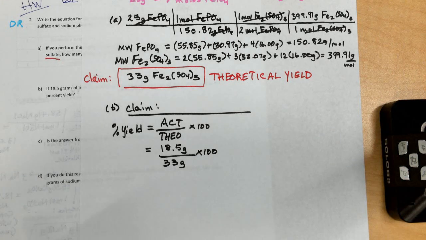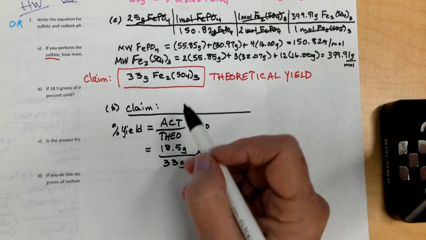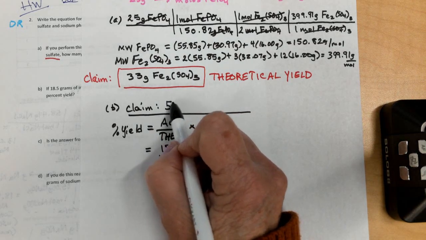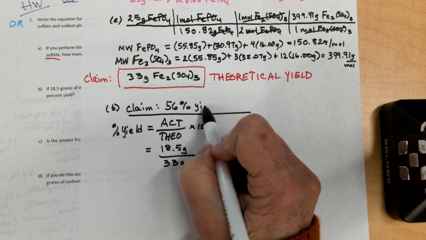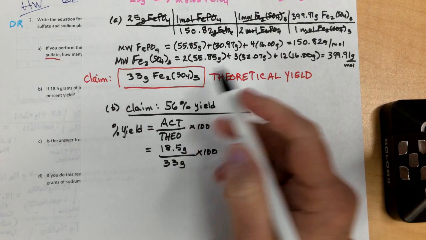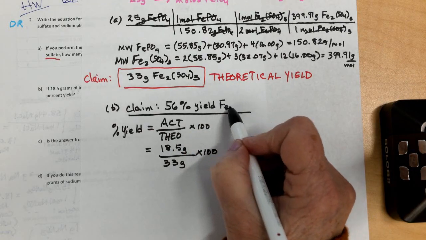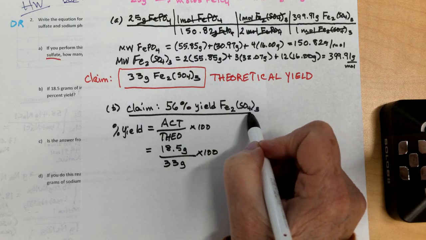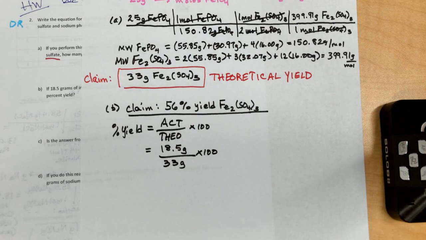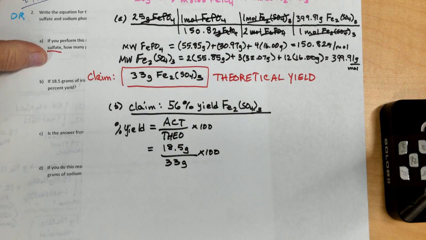And when I do that, I get 56% yield. So my answer is 56% yield of the iron 3 sulfate. That's my answer for that. Okay.